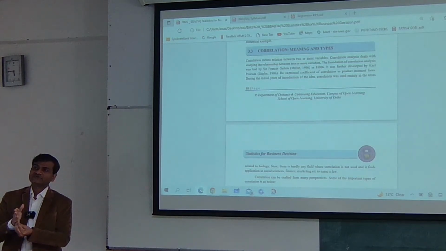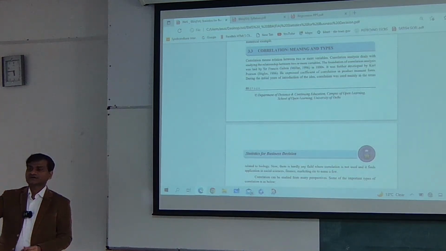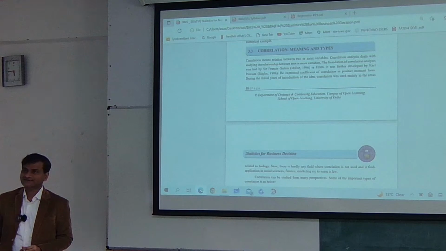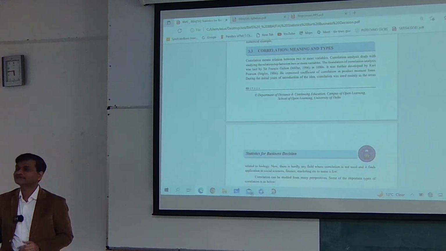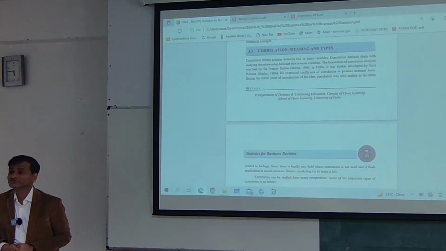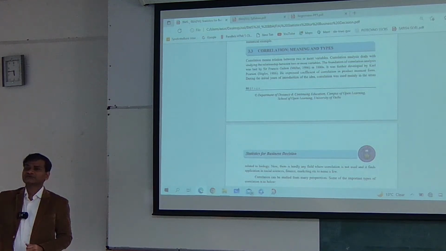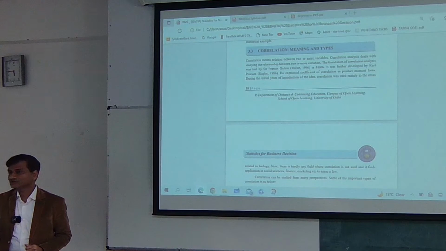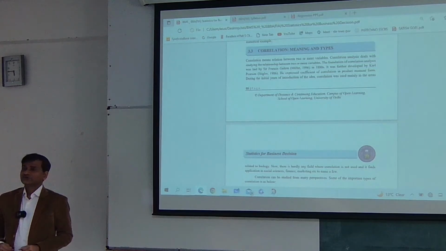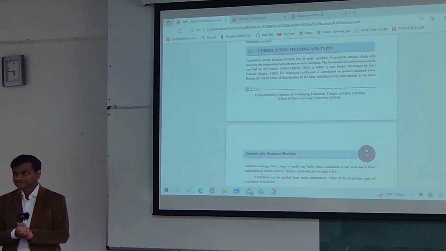It should not be like y equal to x square, or y equal to e power x, or y equal to sin x. These are not linear relationships. If you have y equal to 3x, 2x, or y equal to x plus 1, y equal to 3x minus 1, these all are linear relationships. So how are x and y related?